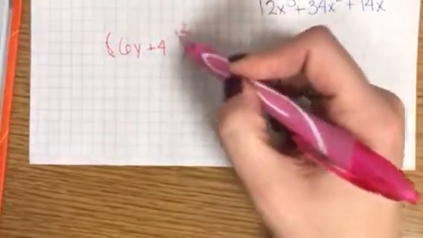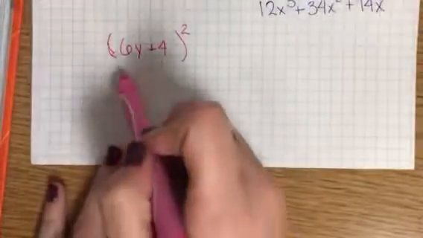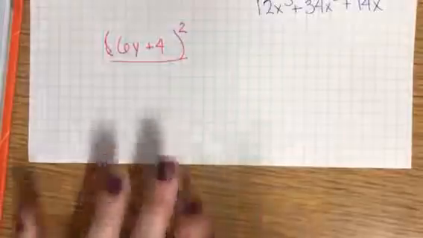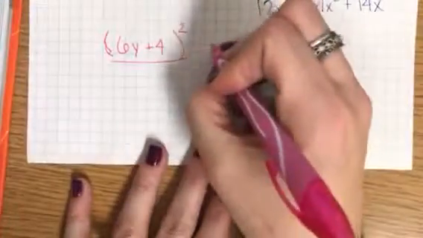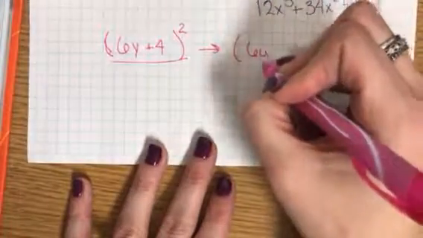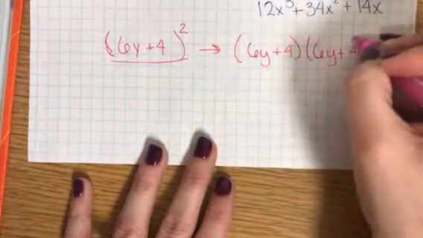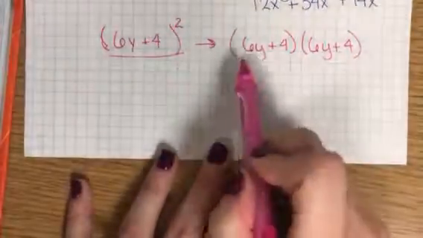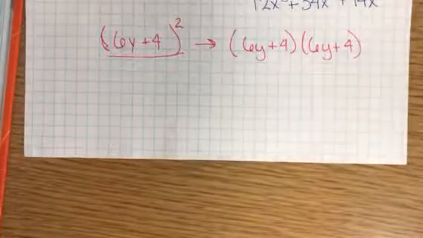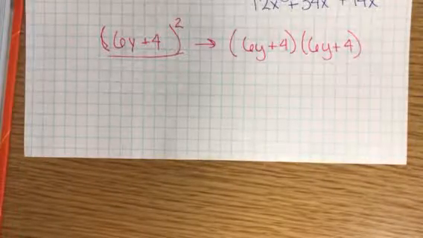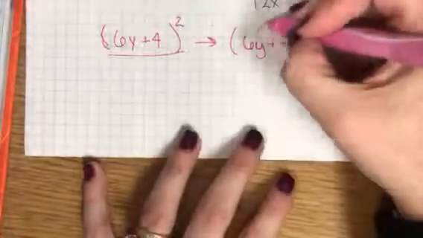And the reason why is that an exponent of 2 says to multiply something by itself. So this really says to multiply 6y plus 4 times 6y plus 4. So we're going to write it out twice, and then again, go through the same process that we just did.